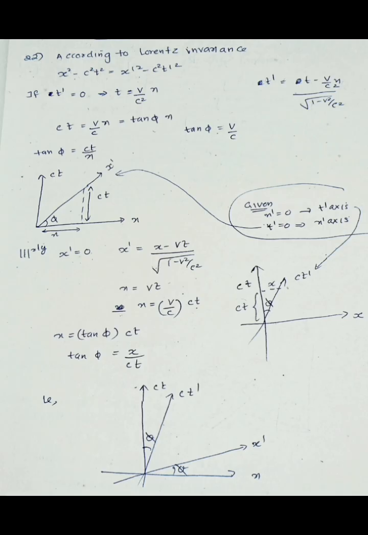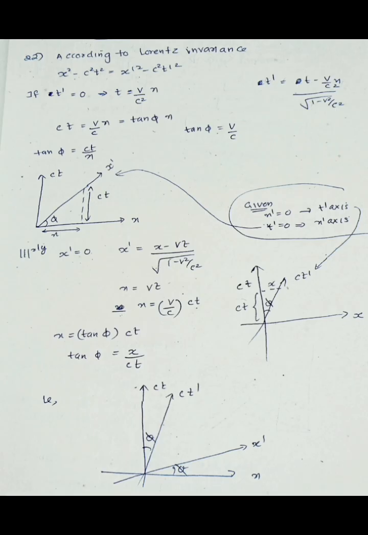And so here we know that according to the Lorentz invariance, x square minus c square t square is equal to x dash square minus c square t dash square. And we know that t dash is equal to t minus v by c square x divided by square root over 1 minus v square by c square. And here, for the x dash axis, t dash is equal to 0.